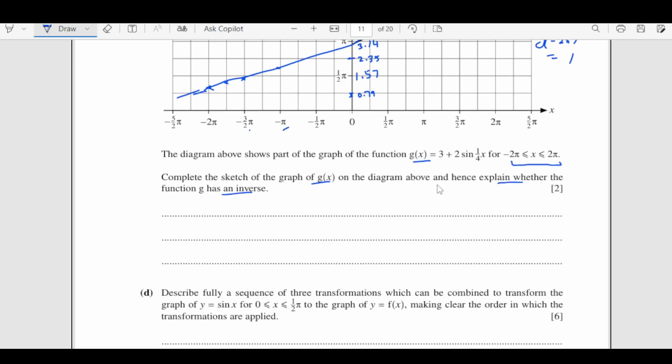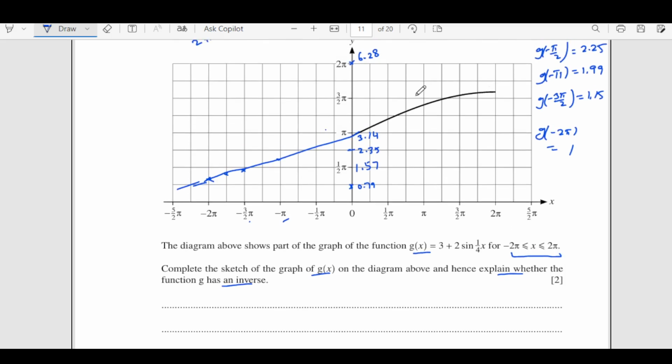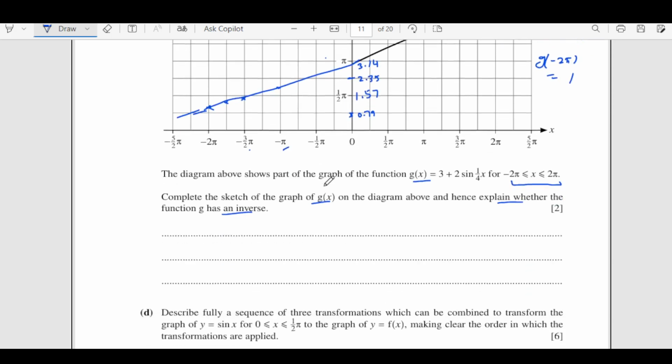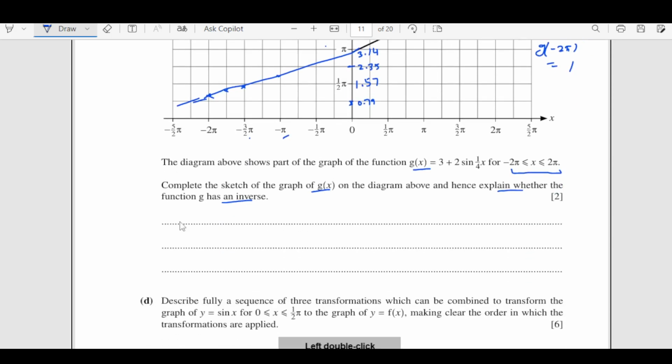Now for having the inverse, if you see, this is a single diagram. If we apply the horizontal line test, if I take this horizontal line, it meets only at one point. There is no point where we have two outcomes. So according to the horizontal line test, it passes.